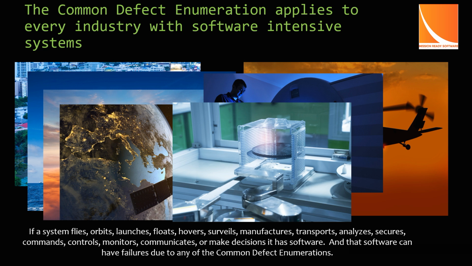In summary, if a system flies, orbits, launches, floats, hovers, surveils, manufactures, transports, analyzes, secures, commands, controls, monitors, communicates, or makes decisions, it has software. And that software can have failures due to any of the common defect enumerations.